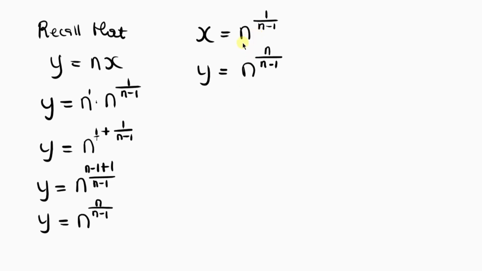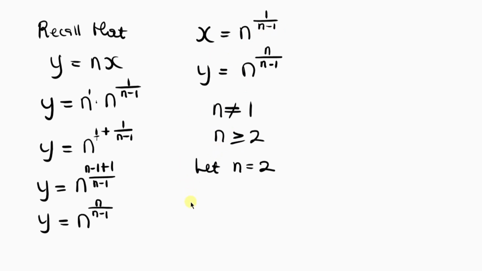But there's something you should know. n cannot be equal to 1. So n is greater than or equal to 2. Or we can say n is at least 2. So let's say let n be 2. Let n be equal to 2 so that we get the value for x and y.